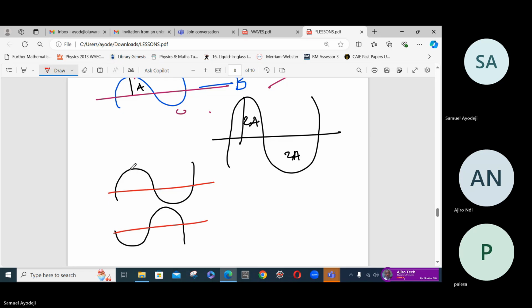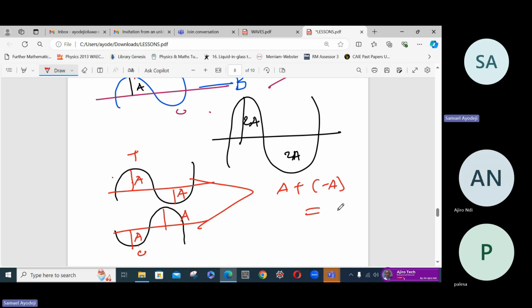Let's say this amplitude A, this also amplitude A. For instance, you have trough and you also have crest. On a normal x-axis graph, this is negative and this is positive. If you look at it here also, this is negative, while this is positive. So if you are finding the resultant wave of this one, it means A plus minus A.